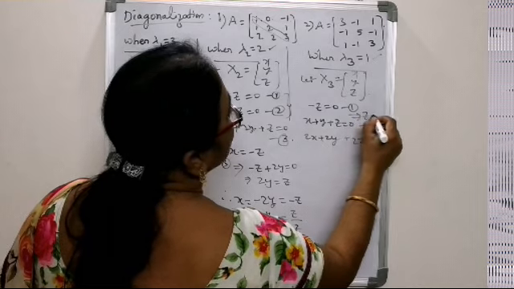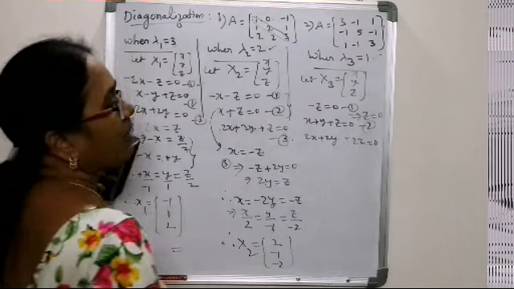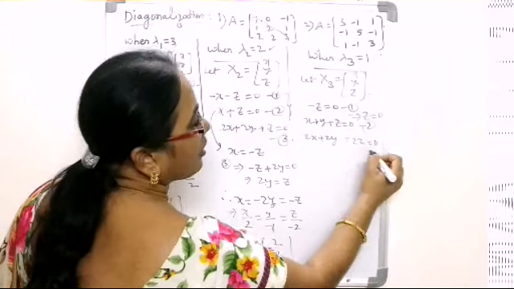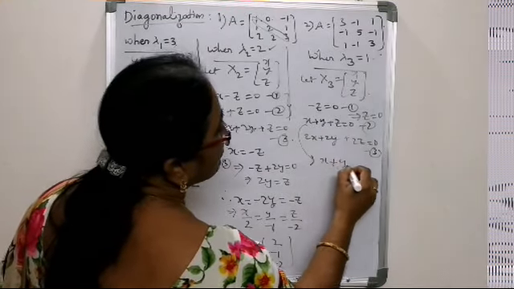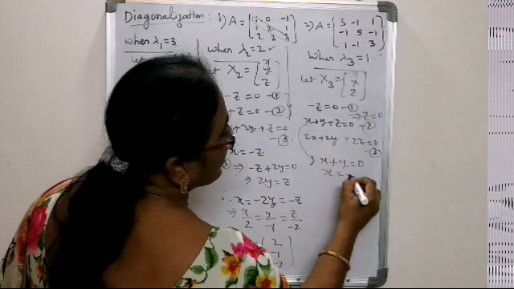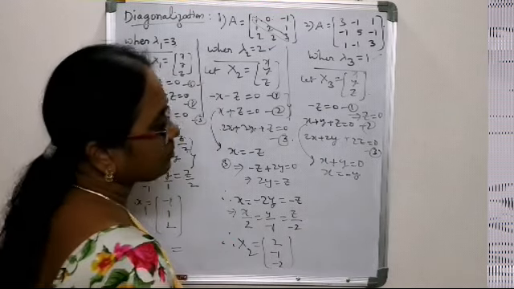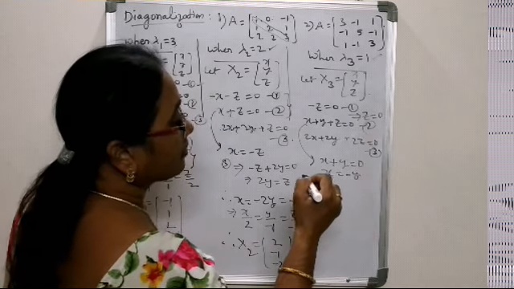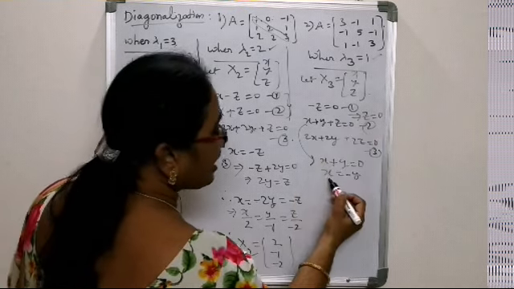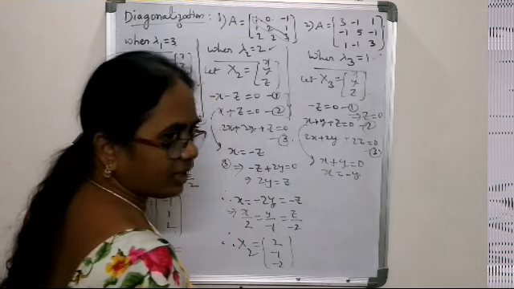The first equation gives us directly z equal to 0. When we substitute z equal to 0 in the second and third equations, the second implies x plus y equal to 0, which gives x is minus y. Because the second and third equations are the same, from the third also we get the same result, that x equal to minus y.